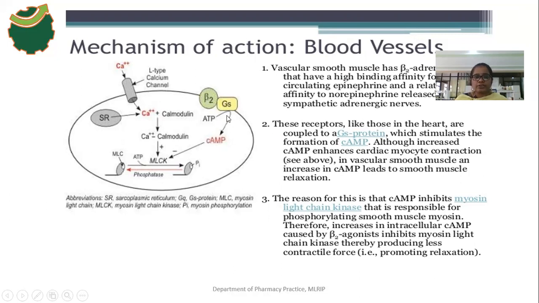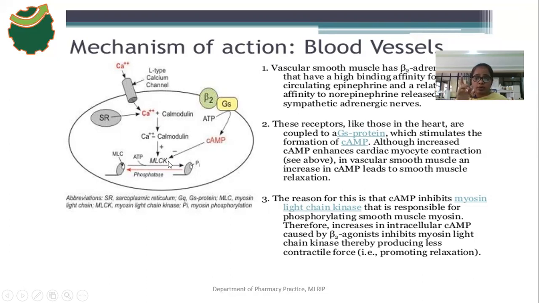Then there is an activation of the adenylyl cyclase enzyme, so there is a conversion of ATP to cyclic AMP. Then this cyclic AMP inactivates the MLCK enzyme, that is myosin light chain kinase.